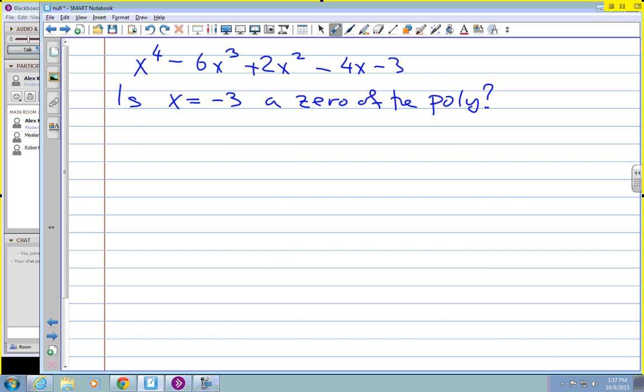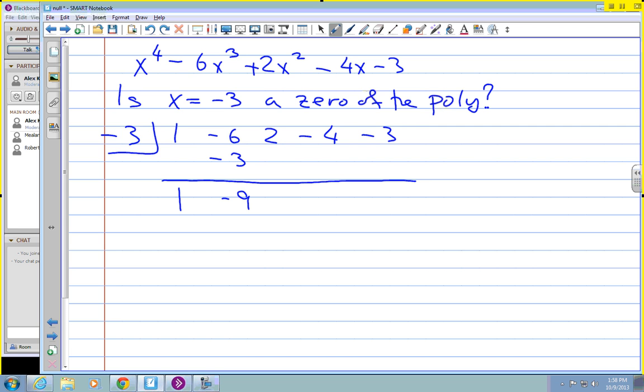Okay? So if I run the negative 3 through the synthetic division, my coefficients are 1, negative 6, 2, negative 4, and negative 3. So what do I get? 1, negative 3, negative 9, positive 27. Is that okay? So positive 29.